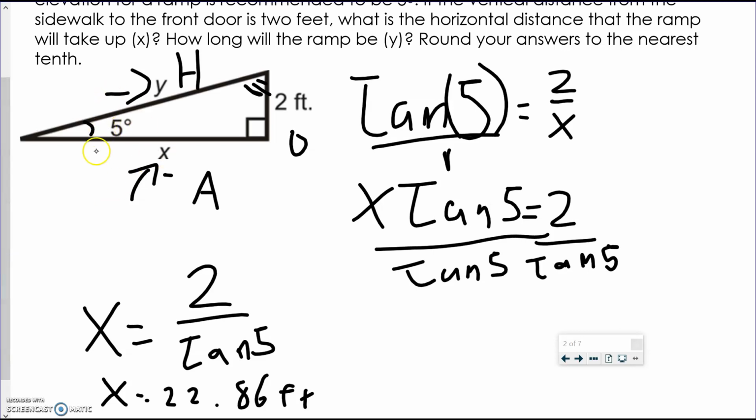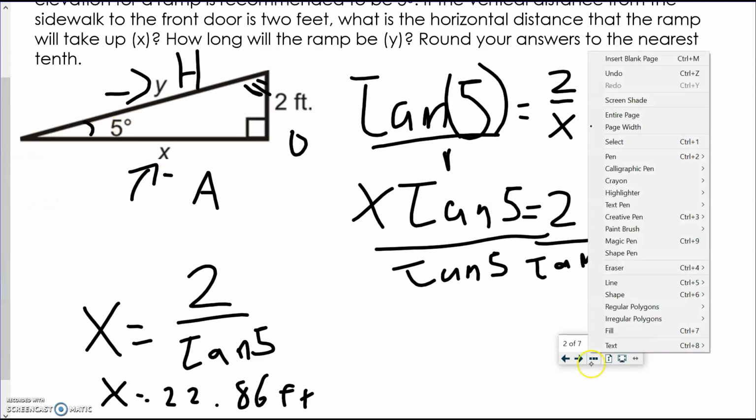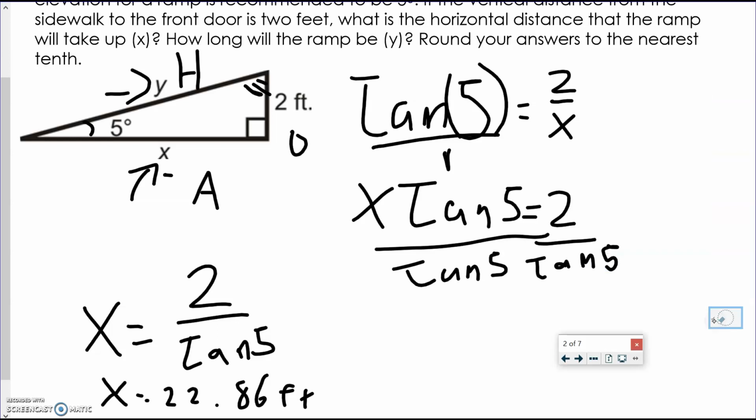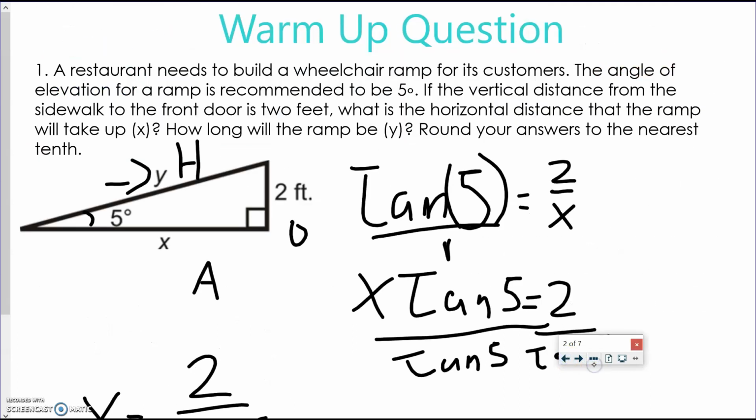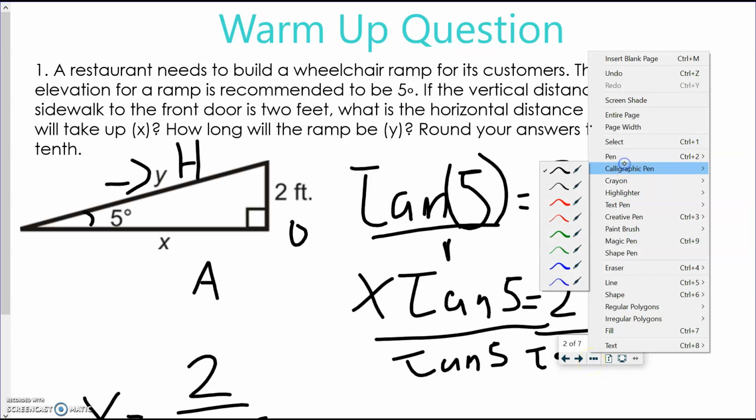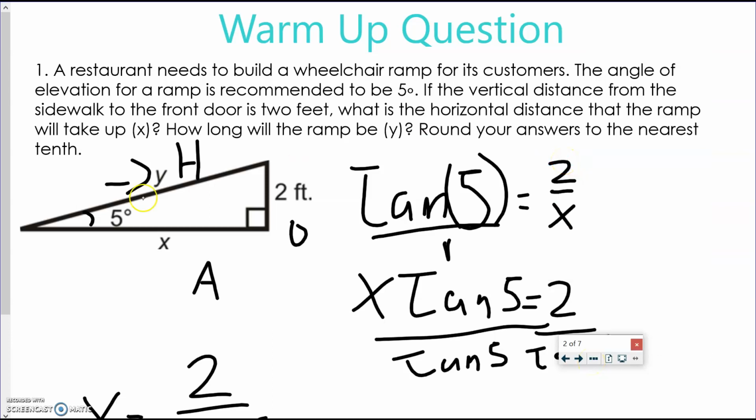All right. So again, I'm going to go from the 5 degrees here. I'm just going to erase this angle and some of this stuff here. So I'm going to go from the 5-degree angle there. And if I'm trying to solve for y, I already know my opposite side, and I know my hypotenuse.